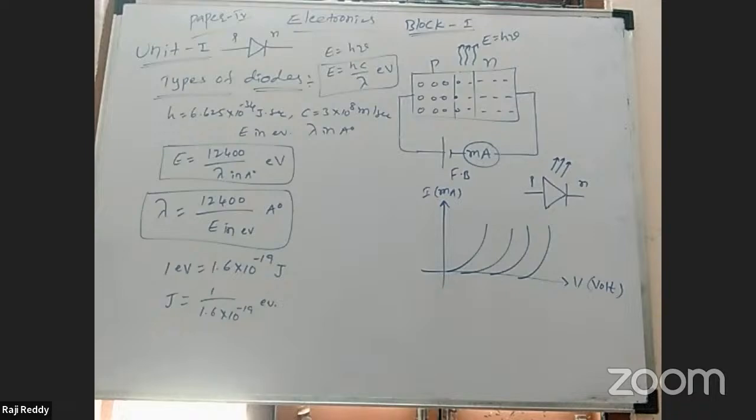The PN junction diode so formed is packed in a case with a glass window on top so that the light may fall upon the P and N type semiconductor materials.